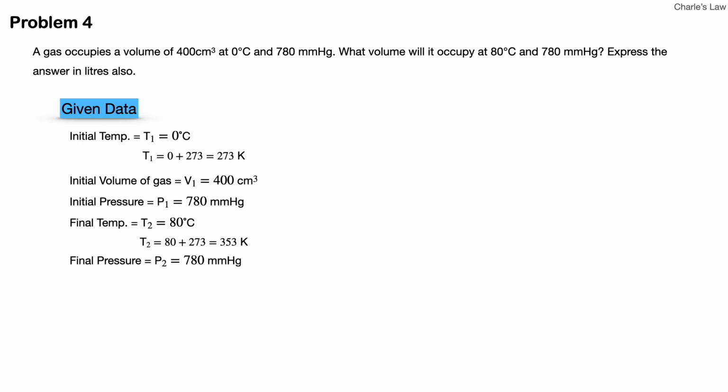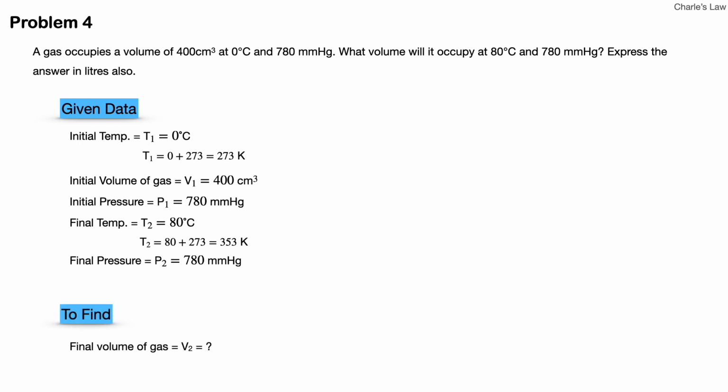Final pressure is equal to 780 millimeters of mercury. You notice that initial and final pressures are the same. There is no change, which means pressure is constant. And which law applies under the condition of constant pressure? That is Charles' law.